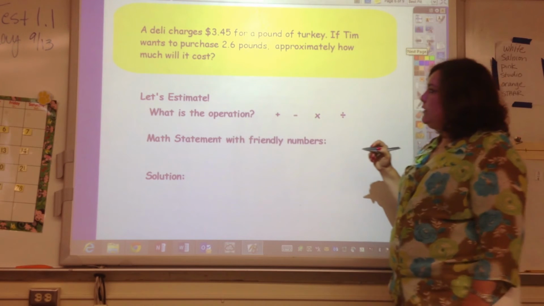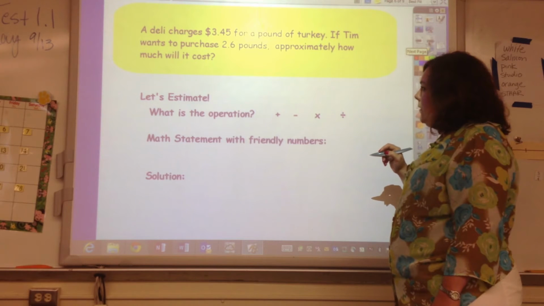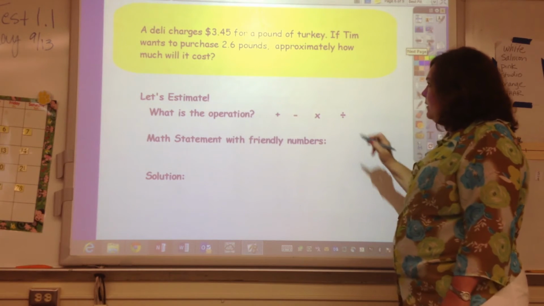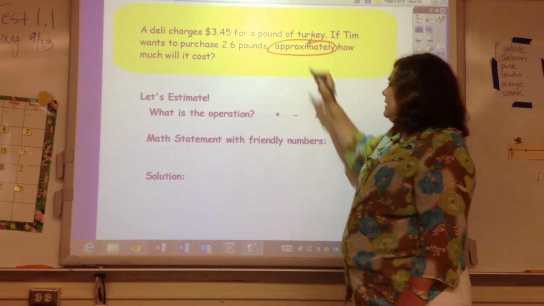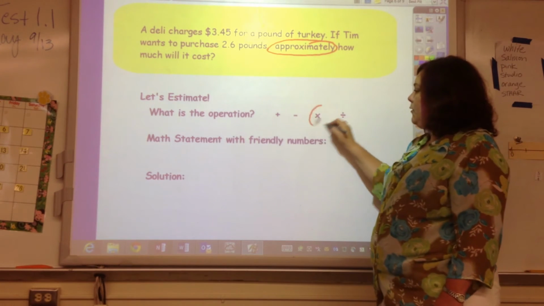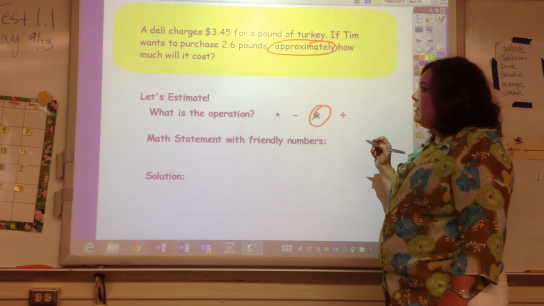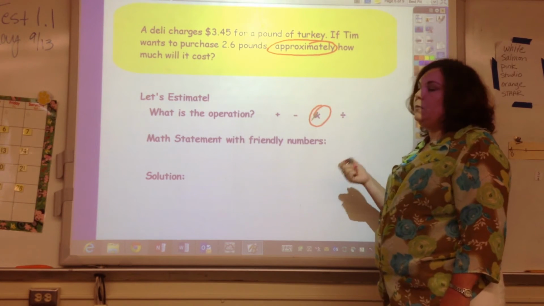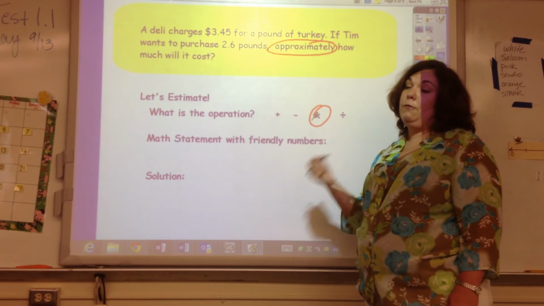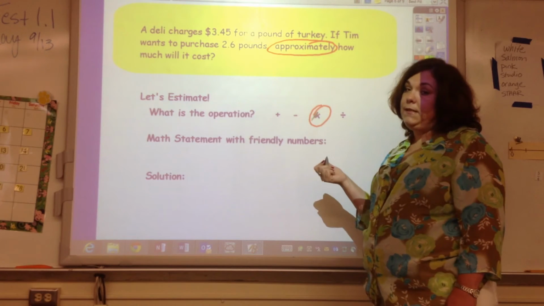A deli charges $3.49 for a pound of turkey. If Tim wants to purchase 2.6 pounds approximately, so that tells you to estimate, how much will it cost? So that's multiply. That's straight up multiply. So the deli charges $3.45. Well, I don't want to multiply $3.45. I don't even want to multiply $3.50.